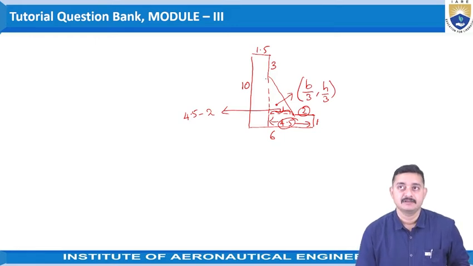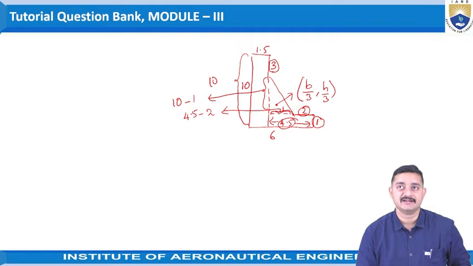Similarly, the height of the triangle H can be identified from the total length, that is 10. So we can obtain this as 10 minus the height of this portion, 1 and 3, so total it is 4.